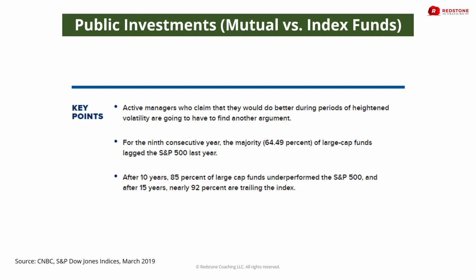For the 9th consecutive year, the majority, about 65% of large cap funds, meaning large cap mutual funds, lagged the S&P 500 last year. After 10 years, 85% of these large cap funds underperformed the S&P 500, and after 15 years, 92% are trailing the index. So after 15 years, 92% of mutual funds underperform the index, the market.